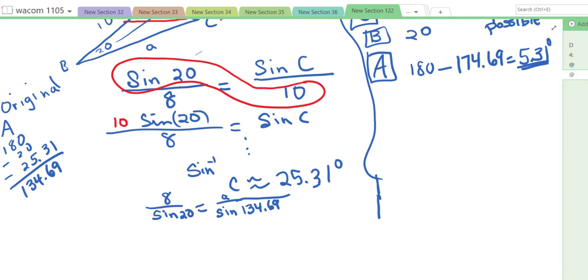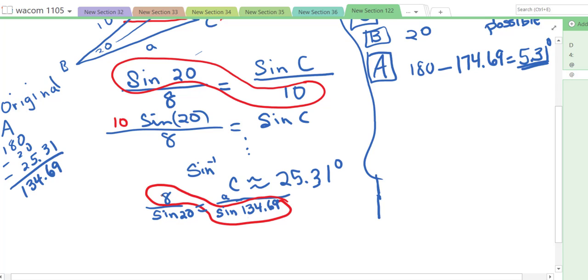All right, so we want A, so we'll multiply this times 8, this times 8, and divide by sine of 20.